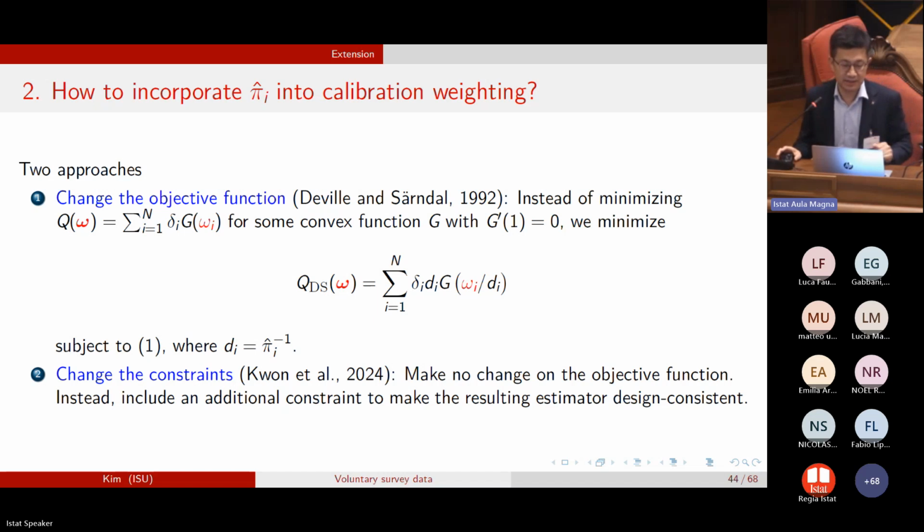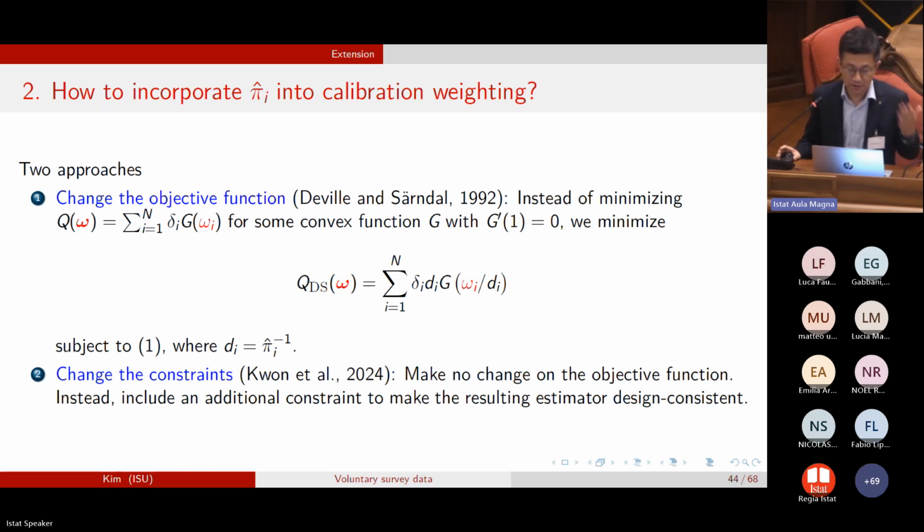In that case, we have a very famous method, first developed by Deville and Särndal, where they start with the design weight and use a convex function G, whose argument is a ratio, the final weight divided by the design weight. So you want to minimize some kind of distance from the design weight. That's the classical approach, I'd say.